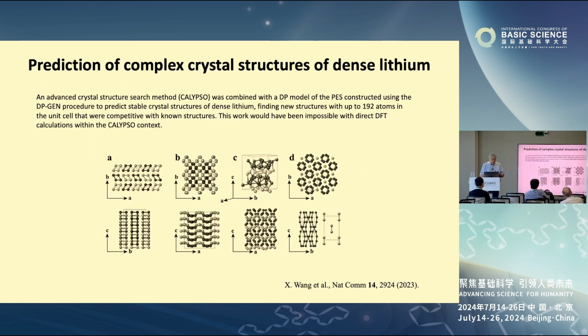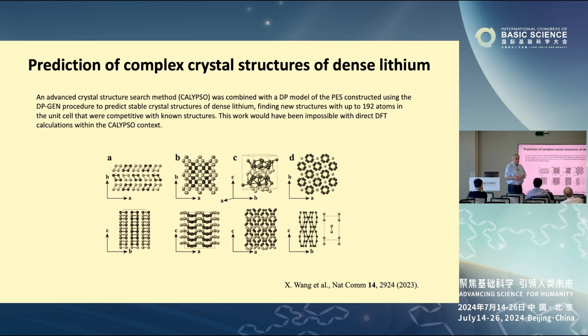I want to conclude with a last one. In this case, the DPGen procedure was used to predict complex crystal structures of dense lithium. This was based again on DFT and on a deep potential model, and that was used with the procedure that is called Calypso to generate crystal structures.